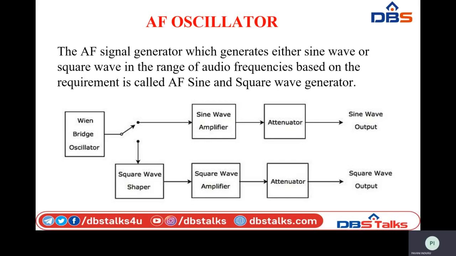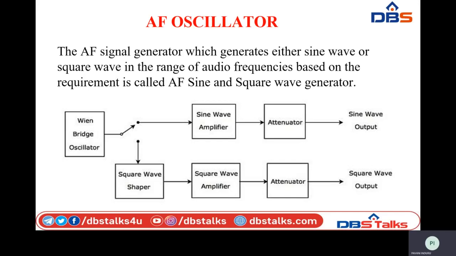The sine wave amplifier boosts and strengthens the signal, whose voltage can be amplified, and its magnitude can be altered with the help of the attenuator for the required range, which is needed for the different test signals and testing circuits.